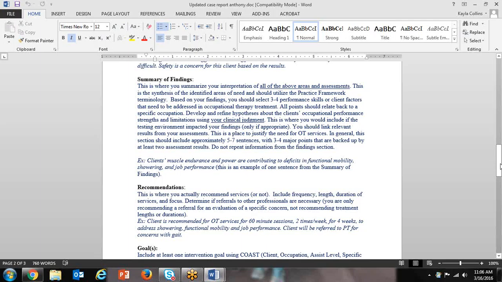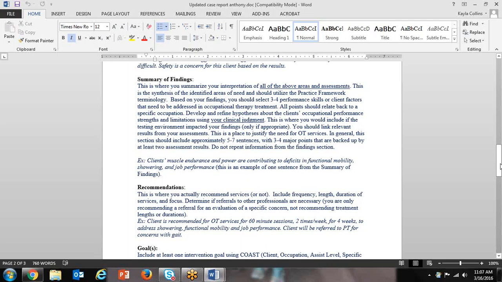So you should be able to make connections between 2 or 3 assessments and say that his results on the BOT and his results on the ETCH indicated that he has issues with fine motor precision, which may make handwriting difficult. This may be due to a strength problem, a coordination problem, a visual perception problem, whatever you think it is in relation to.